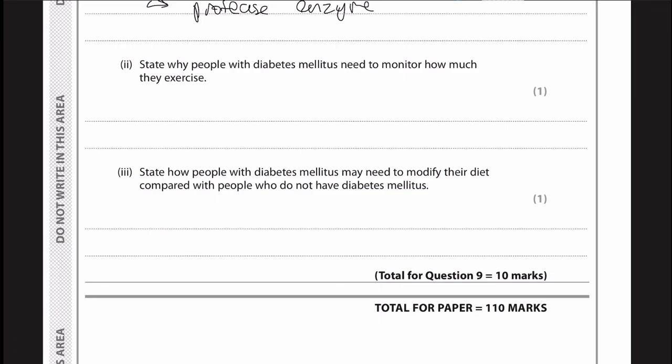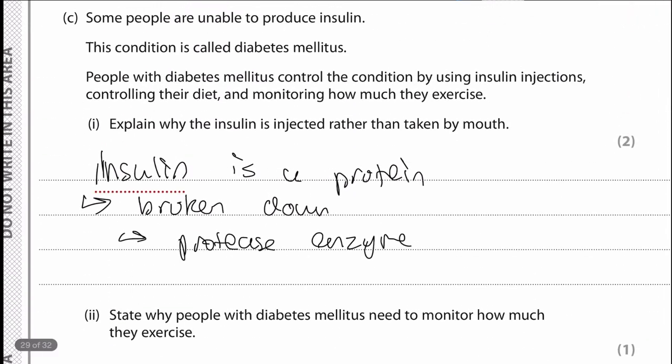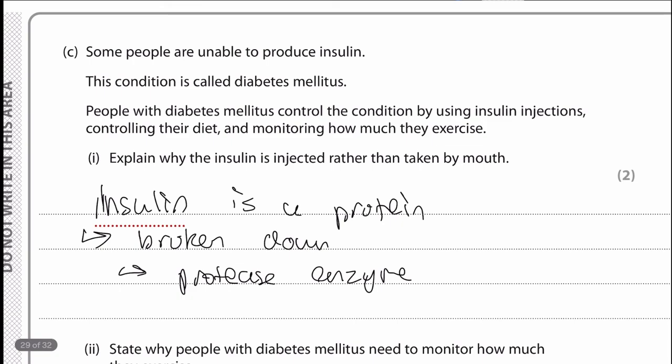Say why people with diabetes mellitus need to monitor how much they exercise. Well, the reason for this is because exercise actually uses glucose. This increases the use of glucose and reduces our blood sugar levels. And for people with diabetes, their blood sugar level might become too low because, as you can see here, they have to control their condition via insulin injections.